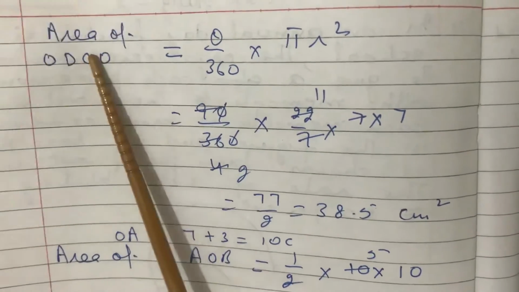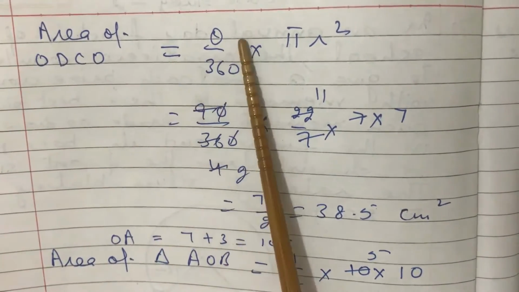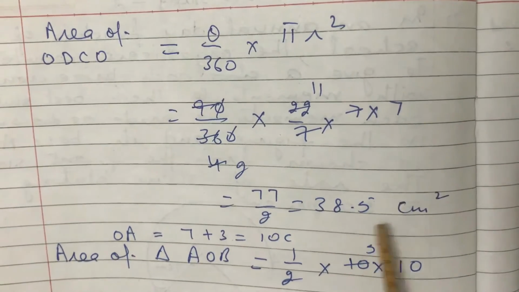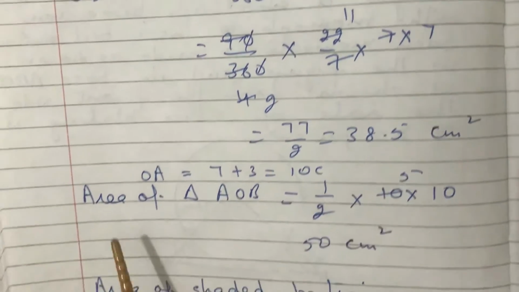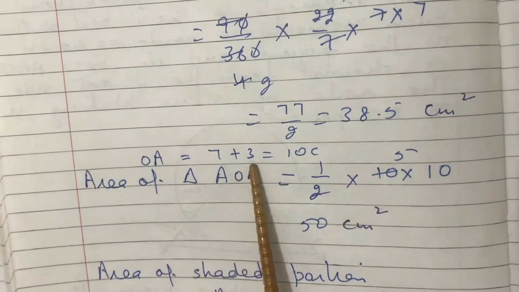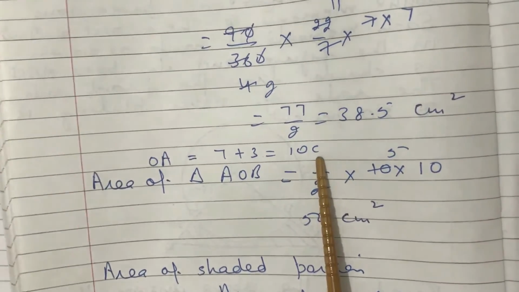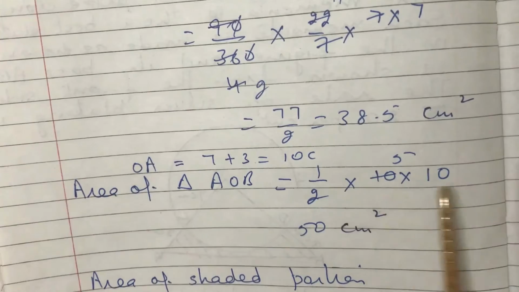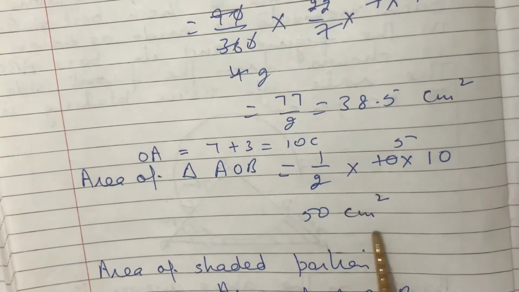Now first is area of ODCO, that is theta by 360 into pi r square. Just substitute the values, you will get 38.5 centimeter square. Now OA is 7 plus 3, 10 centimeter. It means area of AOB is half into base into height, that is 50 centimeter square.